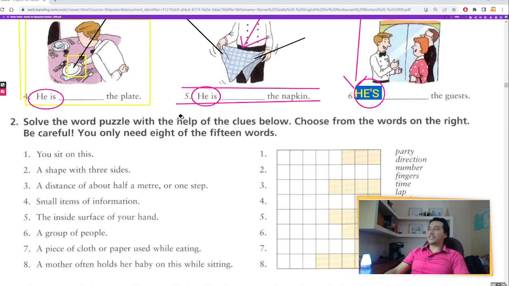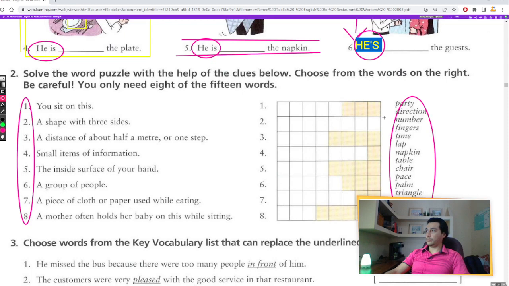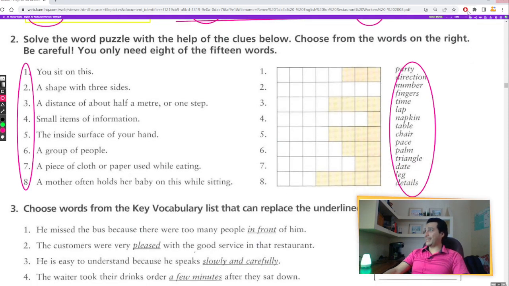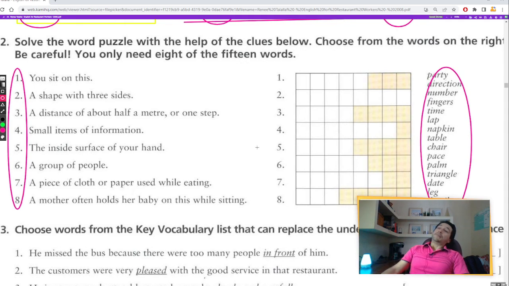Solve the word puzzle with the help of the clues below. Choose the words from the right. Here are the words. And we have the clues. This is a vocabulary exercise. We just finished the verbs. Now we have nouns.